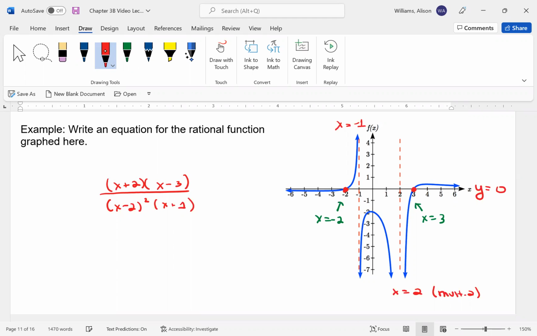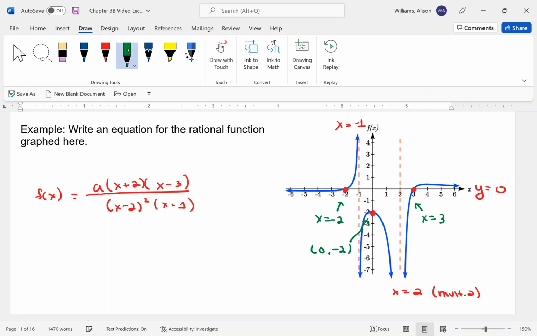Nice. So the last piece is to see if there's some sort of coefficient out here in the front. I'll call it A for right now. I need to see what A is, and I'm going to use the last piece of information, the y-intercept. The y-intercept happens at (0, -2).